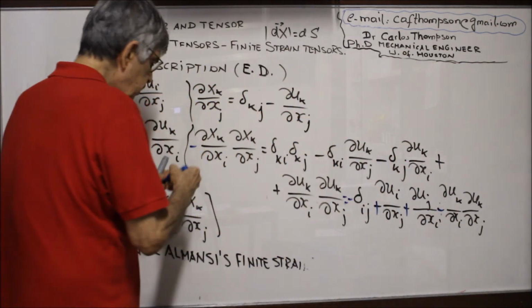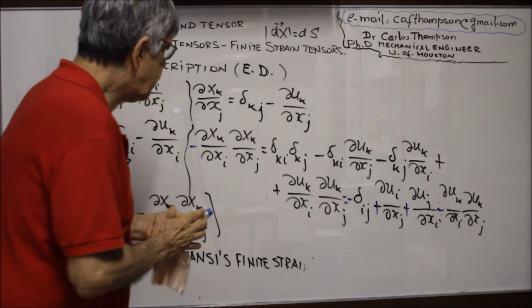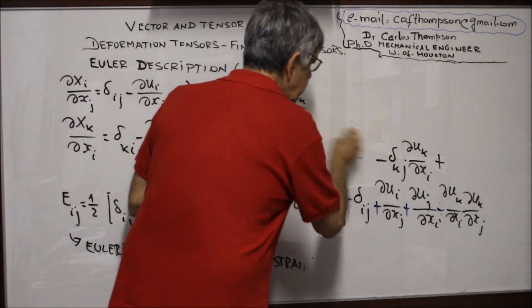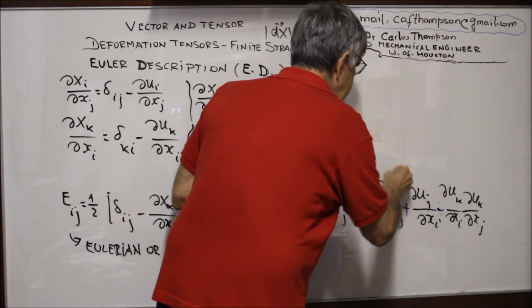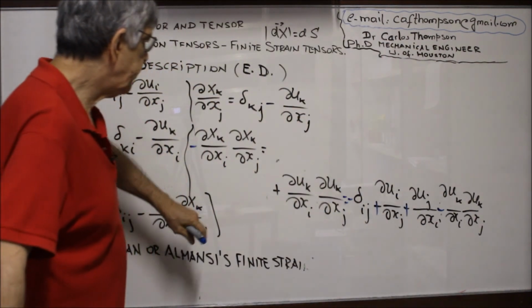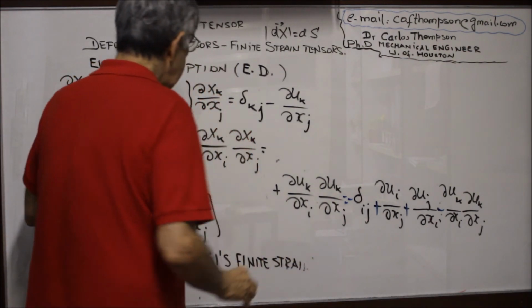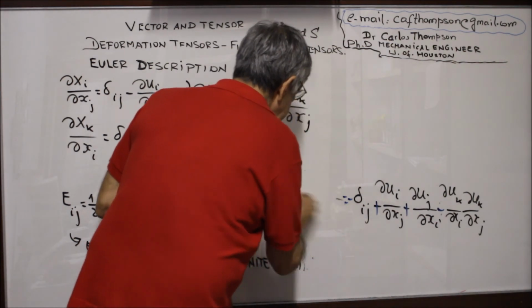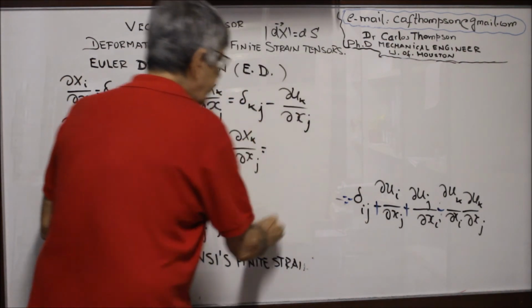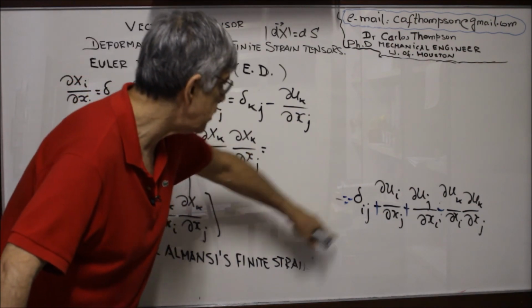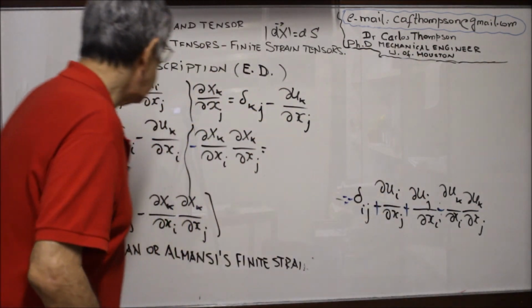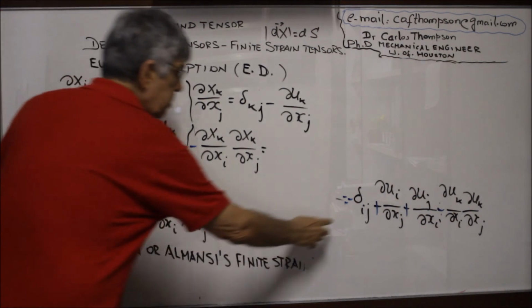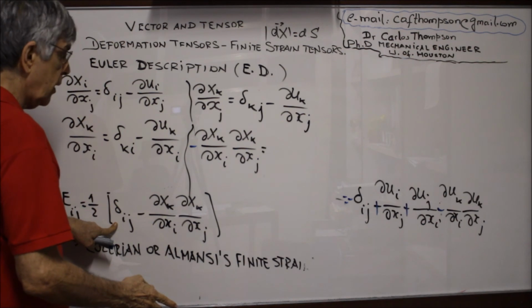So, I will erase this term over here, okay? I will leave the last equality. This minus here will be minus here, plus, plus, and minus. So when I substitute here, you see plus delta ij minus delta ij will cancel.